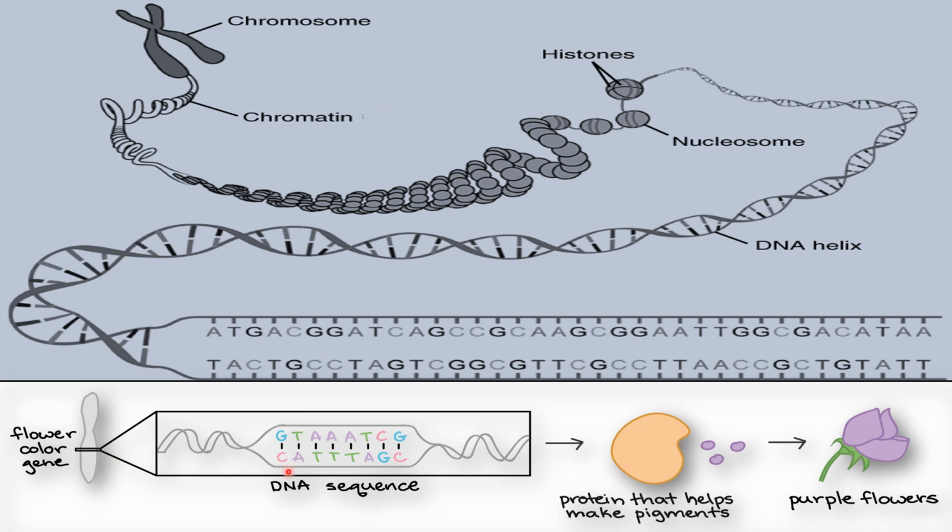So up to this point, the DNA is transcribed into RNA, the process known as transcription. Then RNA to protein, the process known as translation. And the product of translation, which is a protein, makes the purple flower color.